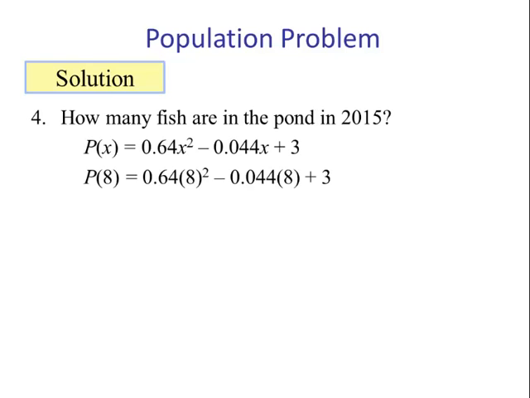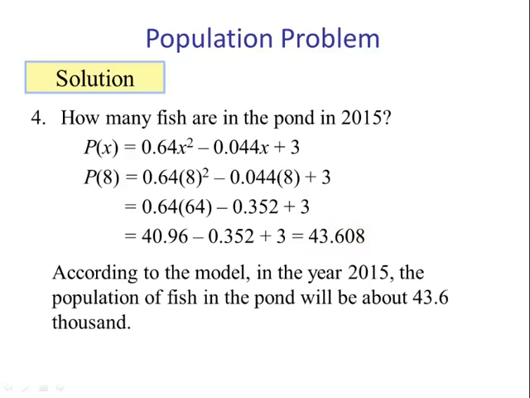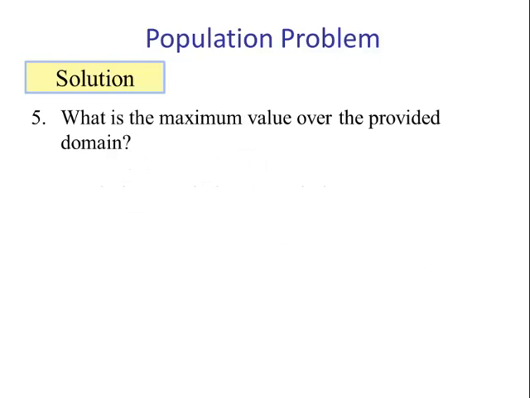This corresponds to 8 years beyond 2007, so that means x is 8. Substituting 8 into the model, we have the output of 43.608. So according to the model, in the year 2015, the population of fish in the pond will be about 43.6 thousand.